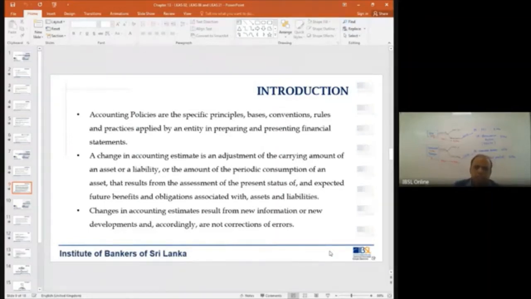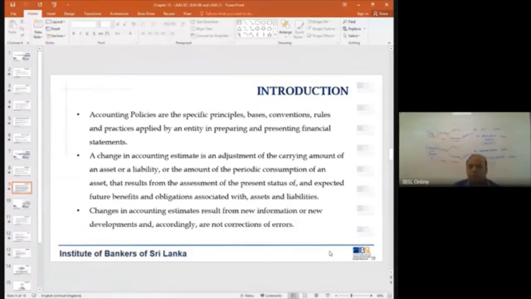Changes in accounting estimate result from new information or new developments, and accordingly those are not corrections of errors. Correction of errors means where you have made a mistake and you rectify it. But changing an accounting estimate is not an error. It's a rectification of your assumption.